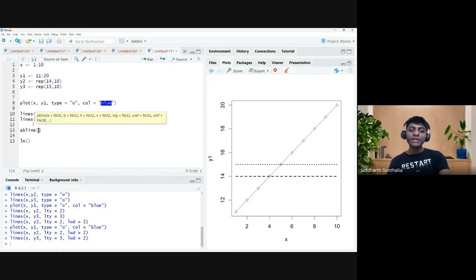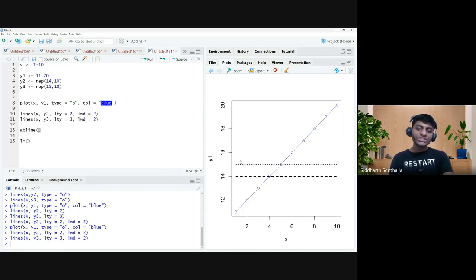Okay, so abline is similar to lines in a way that it overplots on an existing graph, but its application is slightly different. It can be used for 3 things. It can be used to draw horizontal lines or vertical lines. For example, think about this dotted line here. Do you really need the x information here?